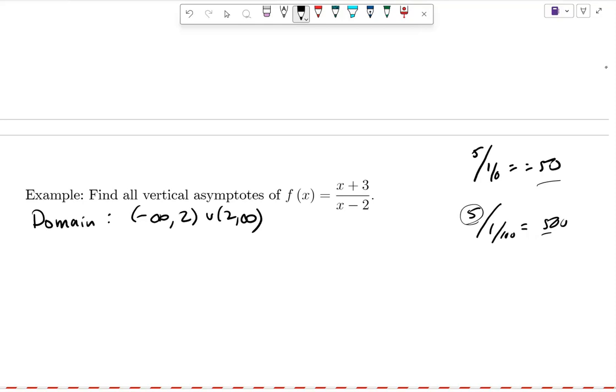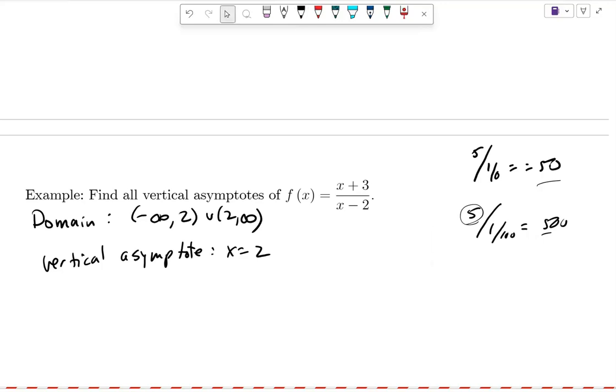So in this case, we do see that we get a vertical asymptote at x equal to 2, where the denominator is equal to 0. And we'll talk a little bit about how we can get what the graph looks like in a minute. But right now we're just worried about what the vertical asymptote is.